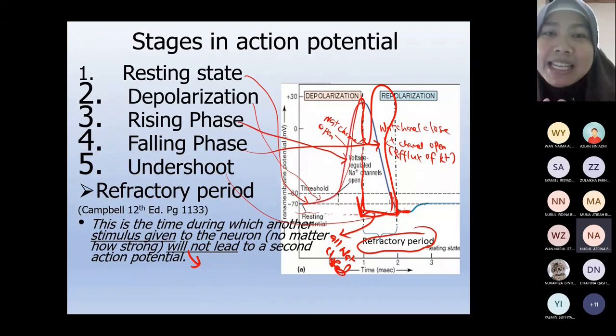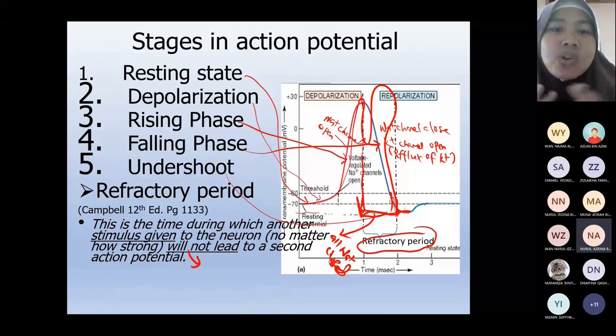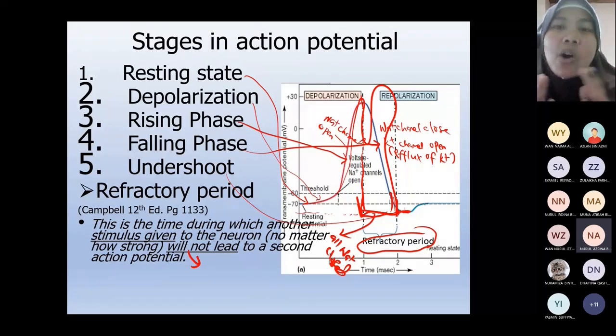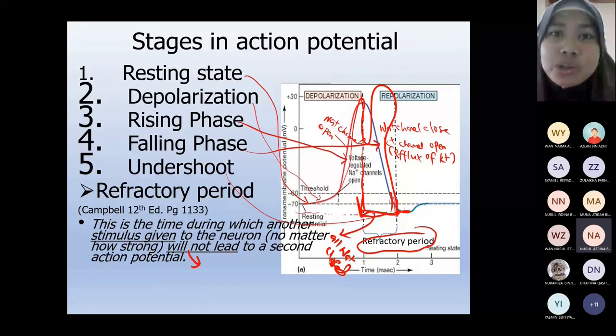That is why even with a very strong stimulus, there is no way a second action potential can be produced during that refractory period, because during that time all sodium ion channels are closed. No influx of sodium, because the requirement for action potential is depolarization.